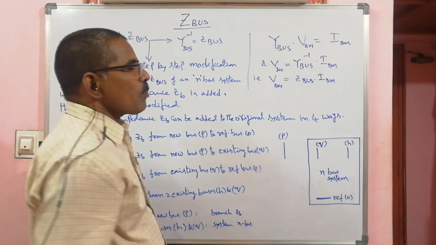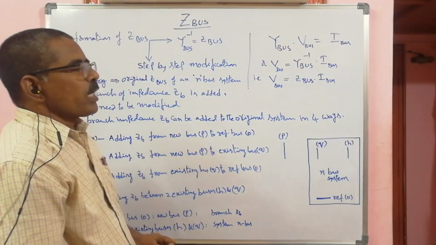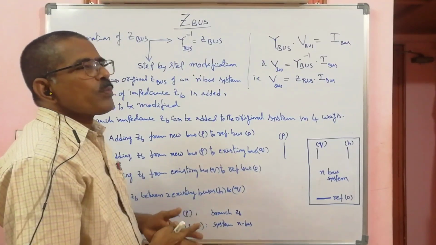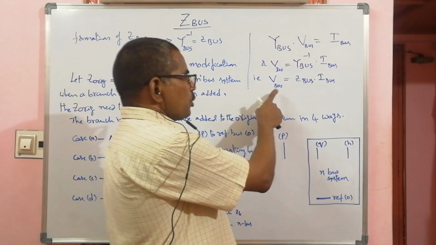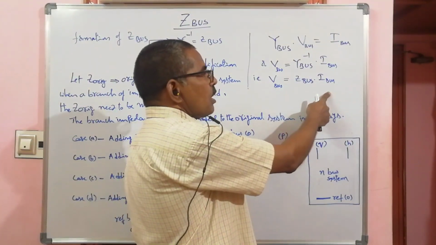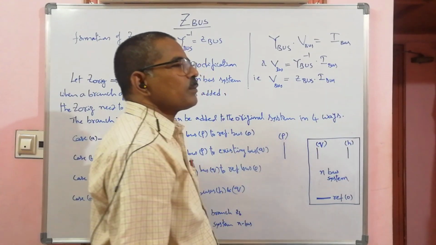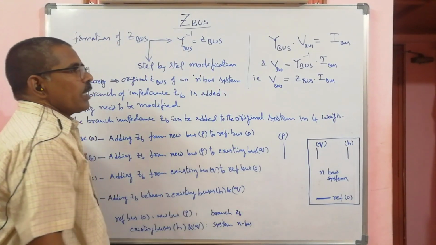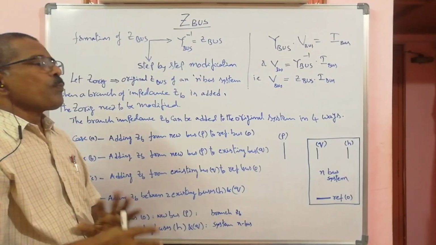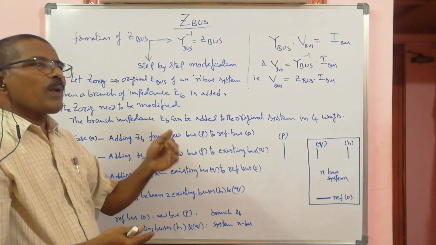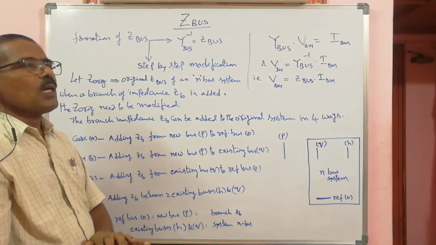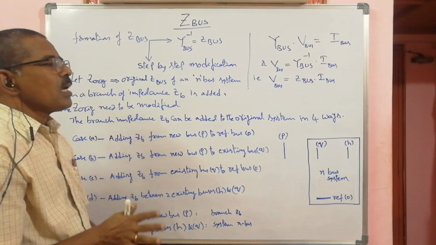Don't think that these are normal variables. They are matrices, so dimension matching must be there. You should write only like this: V bus equal to Z bus into I bus, not I bus into Z bus. Right. So Y bus and Z bus are reciprocals of each other, reciprocal in the sense of matrix inversion. Z bus inverse equals Y bus, or Y bus inverse is Z bus.